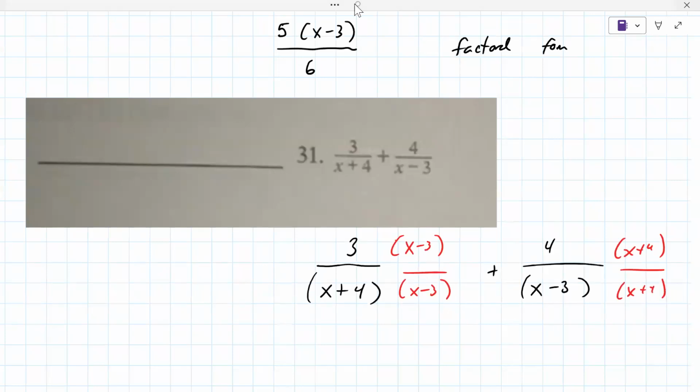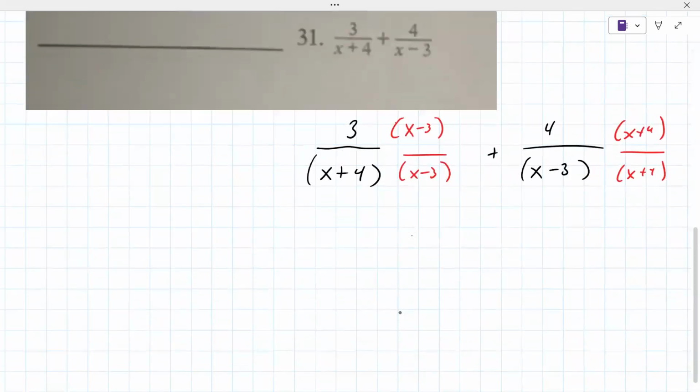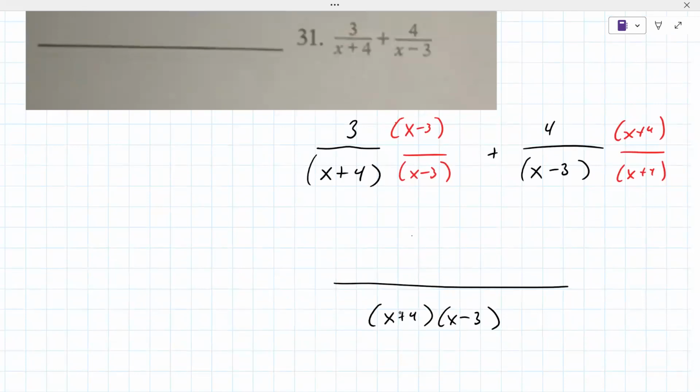So the net result here is the bottom is x plus 4, x minus 3. And you have this 3 times x minus 3 plus 4 times x plus 4, like that. Get that down here.